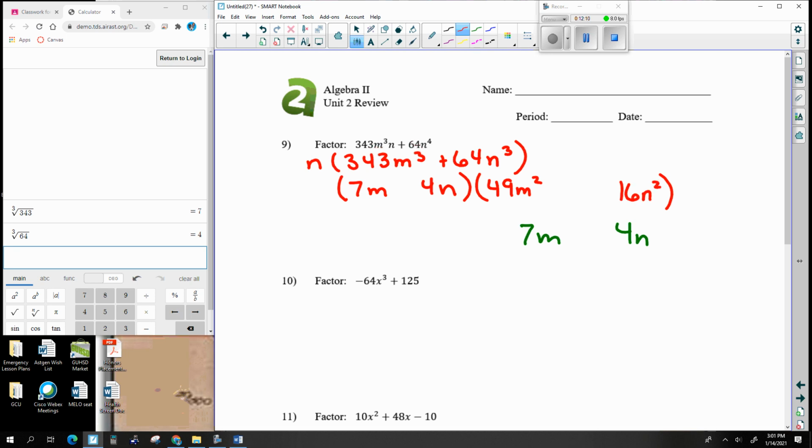And multiply to the middle. So 7m times 4n. 7 times 4 is 28. M times n is mn. Okay, then it's a plus, so it's the same. Opposite, always positive. Don't forget that there was an outside n along for the ride.